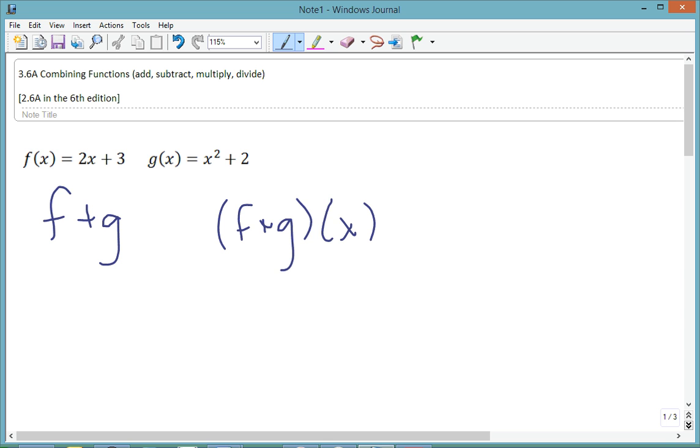It's probably clear from the context that this is a function in x, so you don't have to write the extra x. When we add, subtract, multiply, or divide, we just do exactly what it looks like, okay?